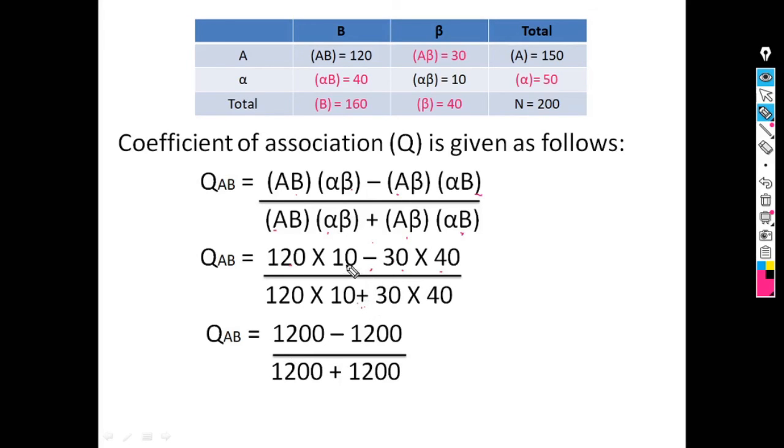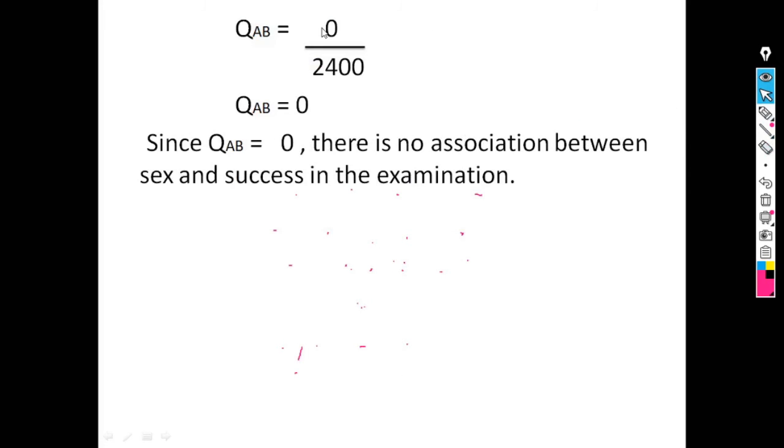So 120 into 10 is 1200, minus 30 into 40 is 1200, divided by 1200 plus 1200. So 1200 minus 1200, which is equal to 0, divided by 1200 plus 1200, which is 2400. So 0 by 2400 is equal to 0.